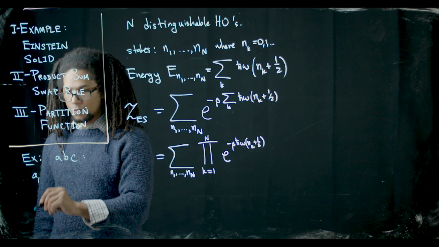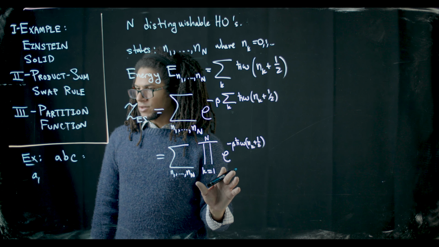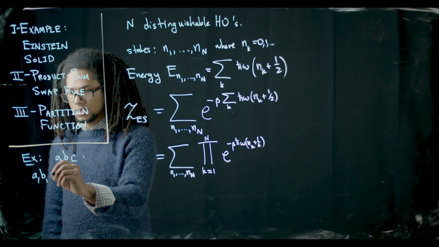So we get A1. Actually, to make our lives a little bit easier, say that they can each take on two values. So we'll get A1, B1, C1.